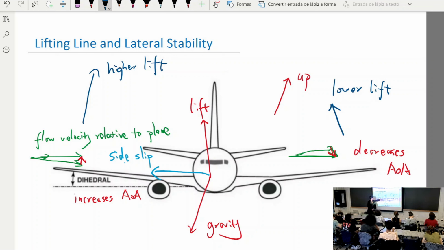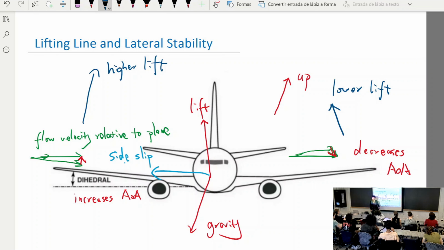Because as soon as you start to have a side slip, the trailing vortex is no longer aligned with the airplane itself. If this is the side slip, the wake starts to go towards the right. And the airplane is going to have a non-symmetric sweep.